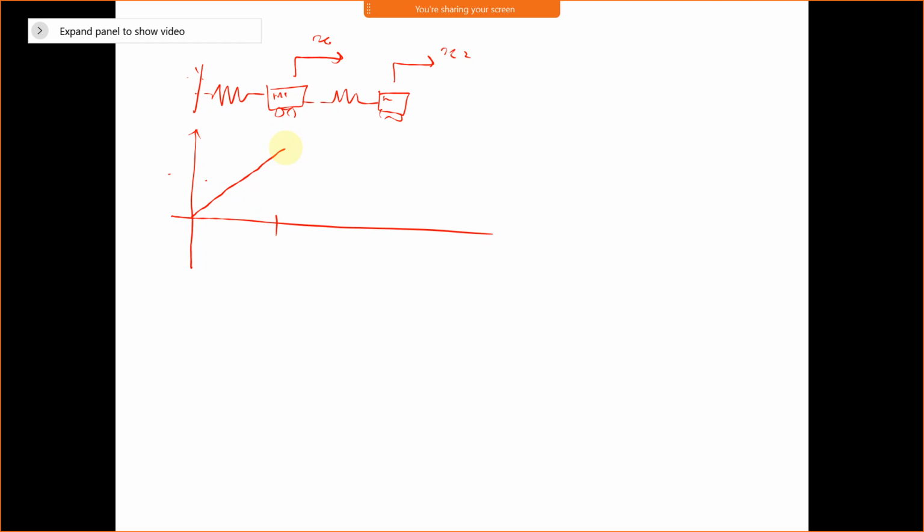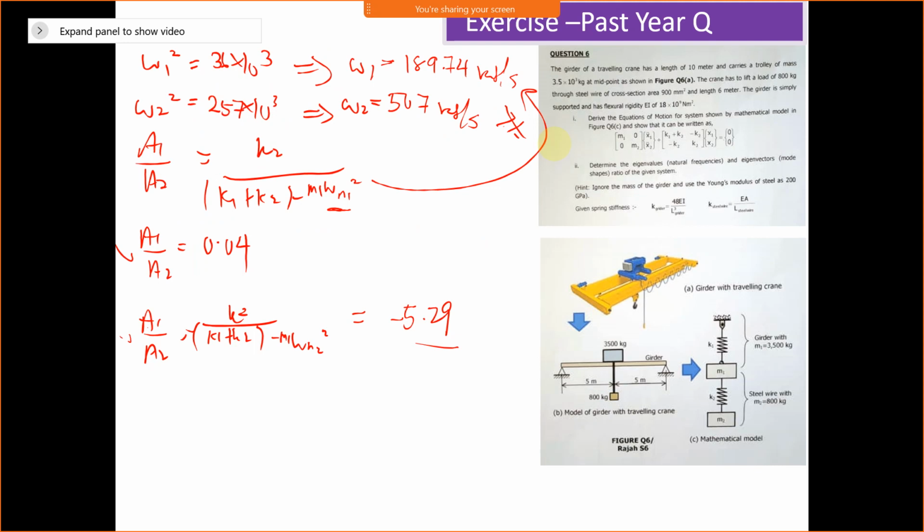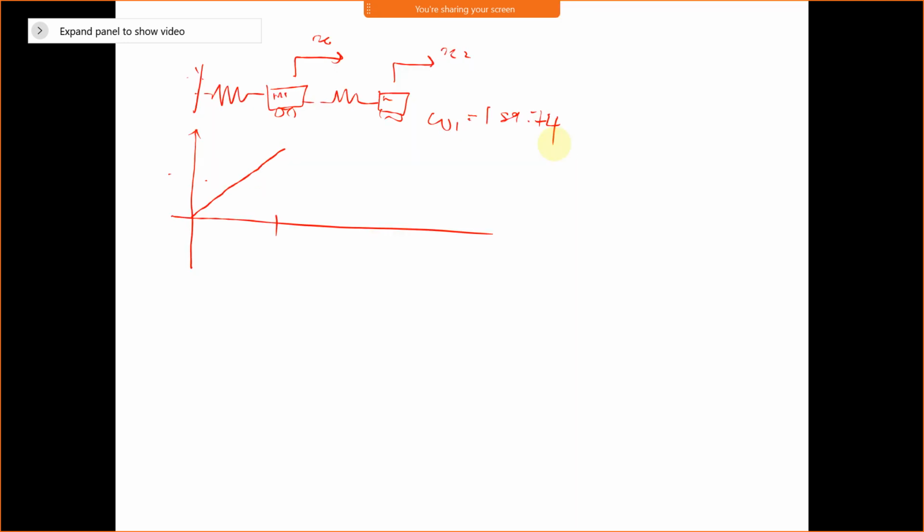Kita ambil mode ratio untuk omega 1 dulu. Omega 1 adalah 189.74. Berapa kita punya mode ratio tadi? 0.04 kan? So 0.04 still positive, maksudnya dia menurun sedikit je, dia still dalam in phase.